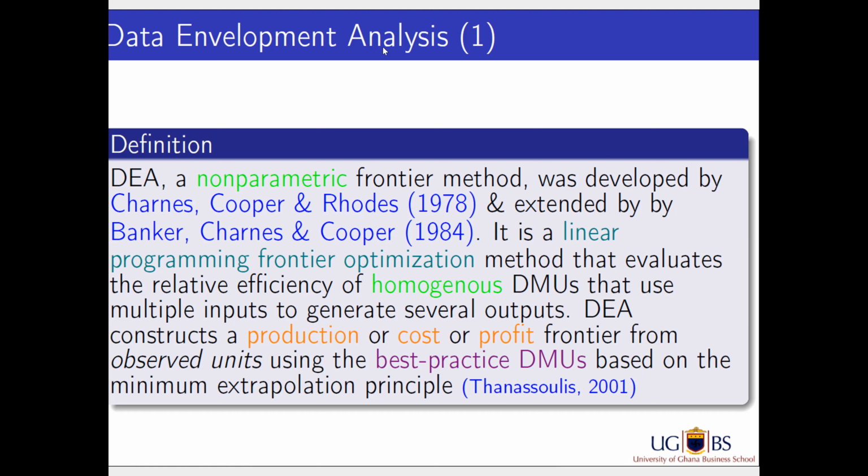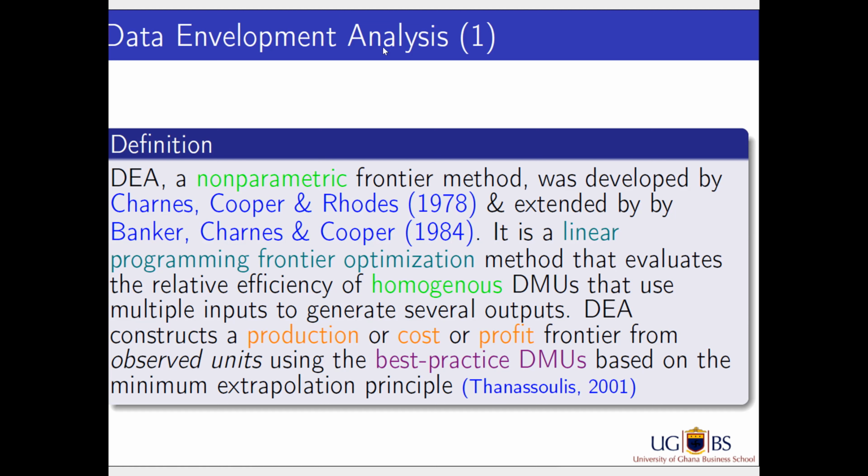Linear means that you are dealing with lines. But of course, in regression, you're also dealing with lines. So, well, here it is linear programming. So it's not just one line, it's multiple lines, pieces. And the goal is to optimize, which means you minimize or maximize. What does it do? It assesses, it calculates, it measures, it evaluates the relative efficiency.